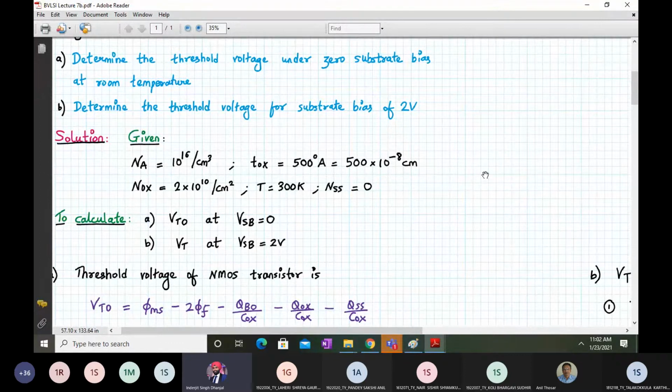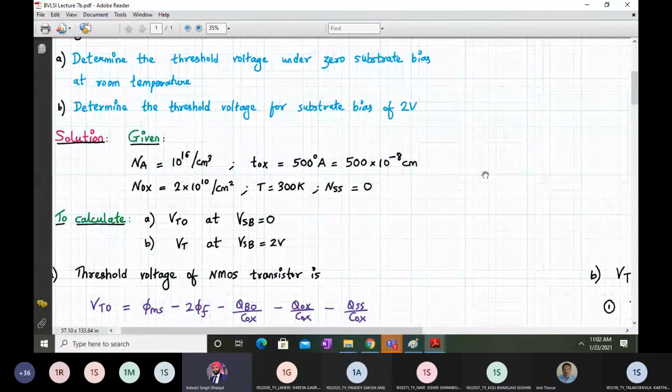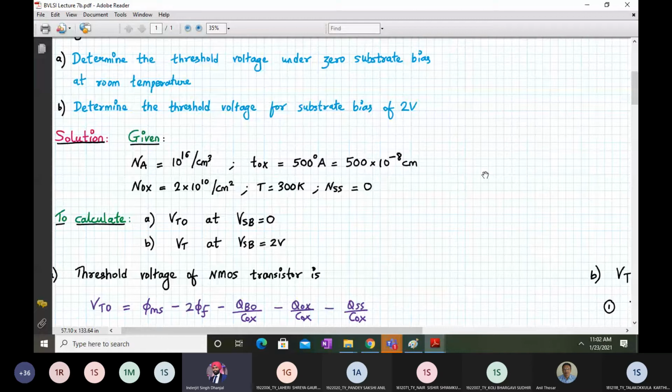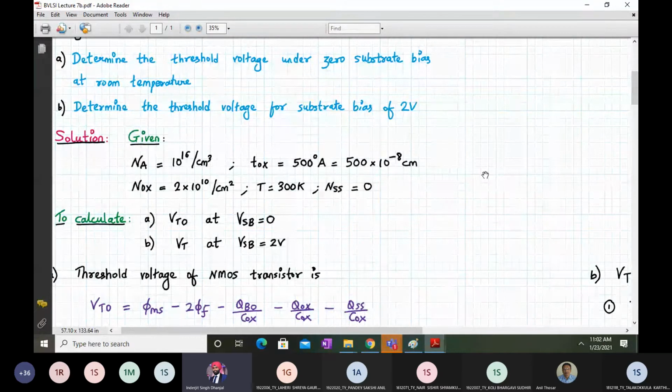And we have to calculate, in part A, VTO at substrate bias equal to 0. And next we have to calculate VT when the substrate bias is equal to 2 volt. So write this data down. Okay.